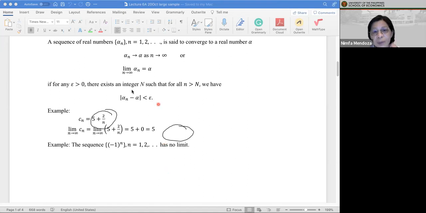Note that for the convergence of a sequence of real numbers, we don't have probability.